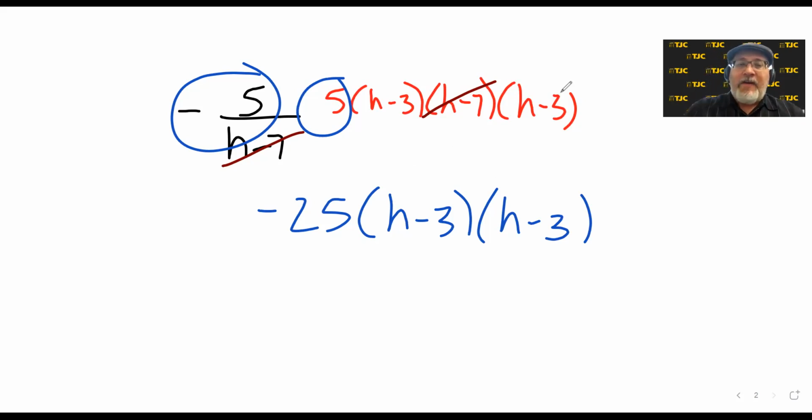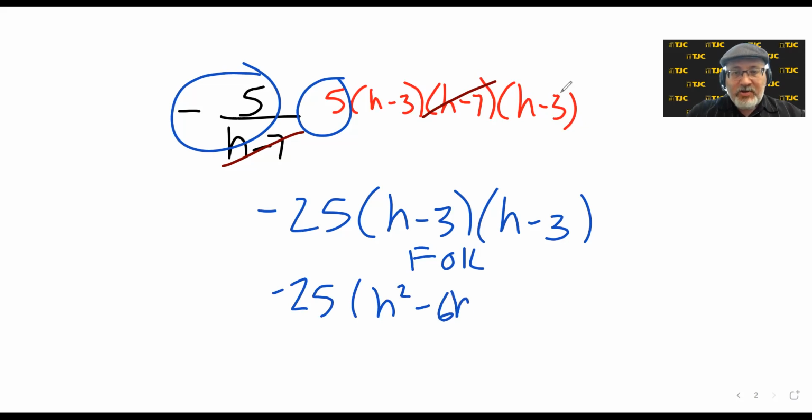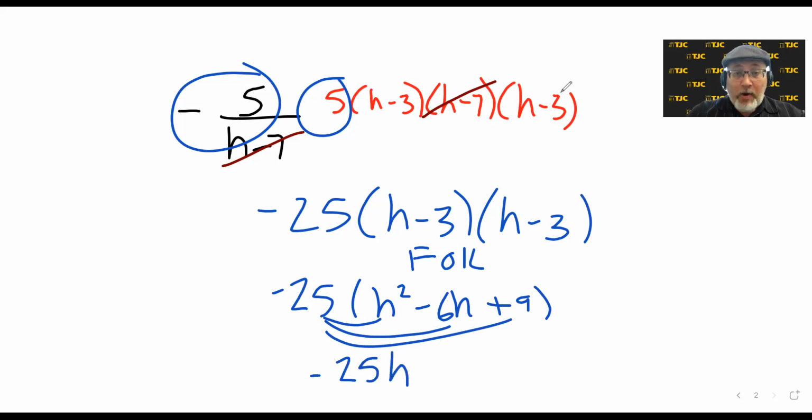If you distribute, that's fine, but you only get to distribute across one parentheses. However, it might be more beneficial to FOIL this out. And you would get eventually h squared minus 6h plus 9. Then you could distribute and get negative 25h squared plus 150h minus 225.